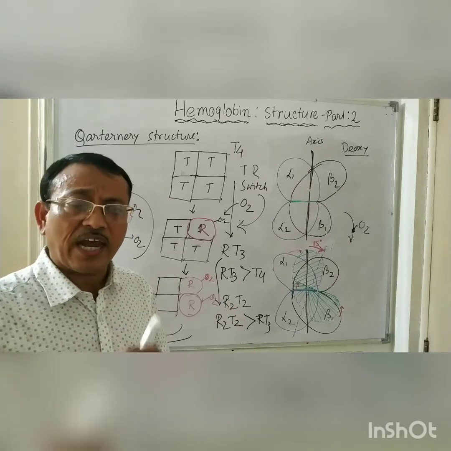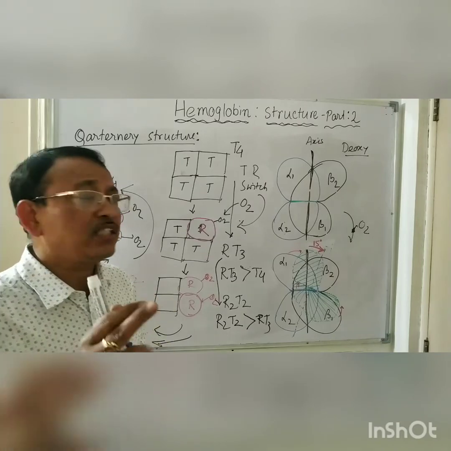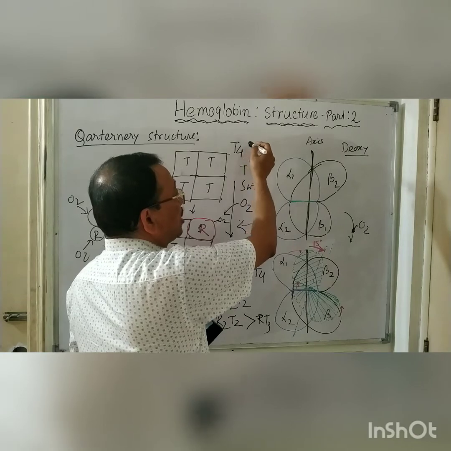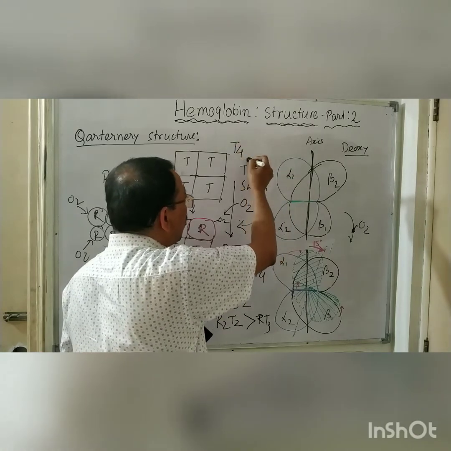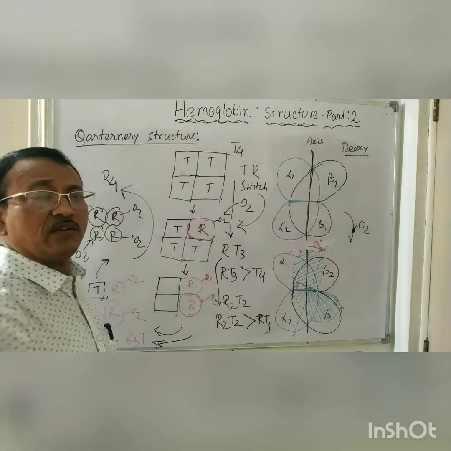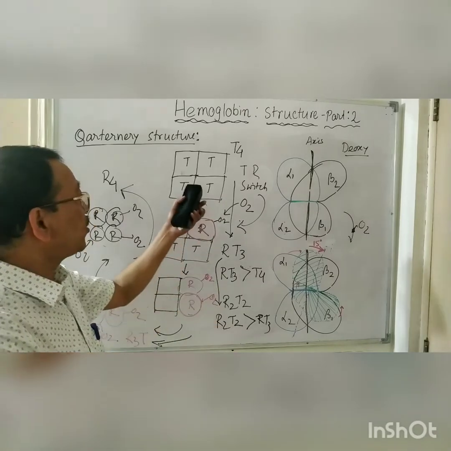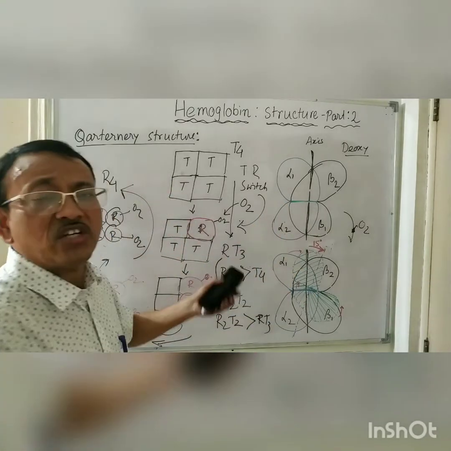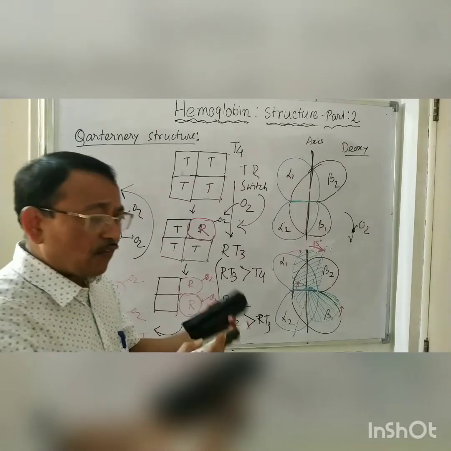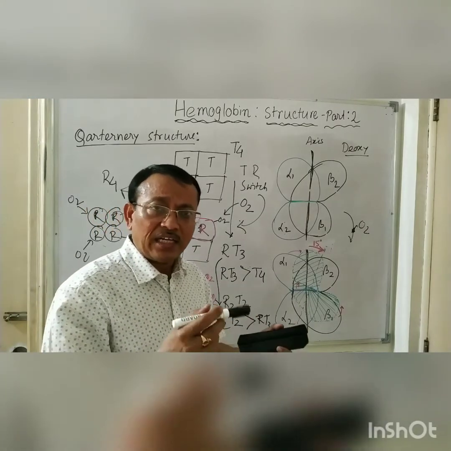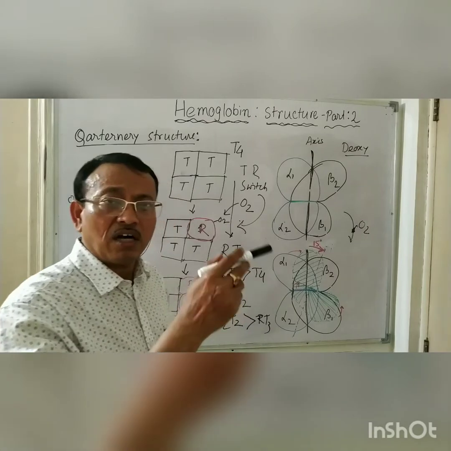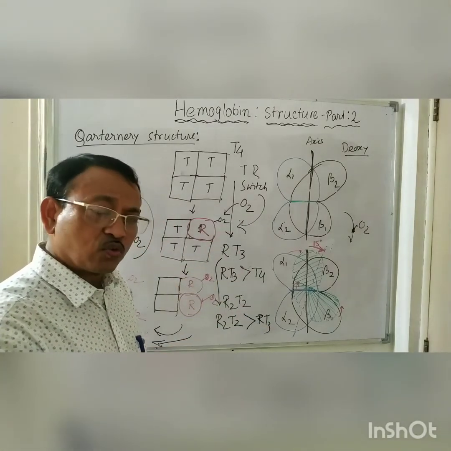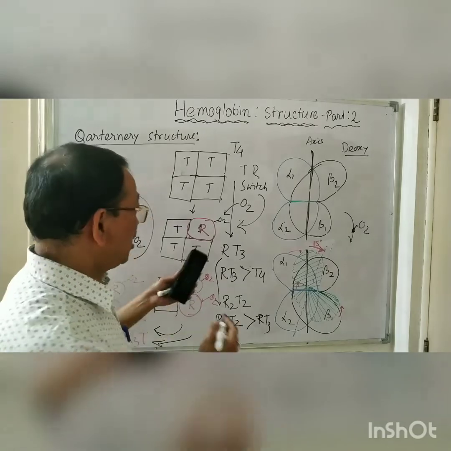So allosteric activation of the hemoglobin molecule is due to the change of the configuration, quaternary structure, of the hemoglobin molecule from T4 to the R4 state. And how this T4 is getting converted to R4, that mechanism I already mentioned. So if I sum up the entire change of the quaternary structure in response to the oxygenation, then what's happened?